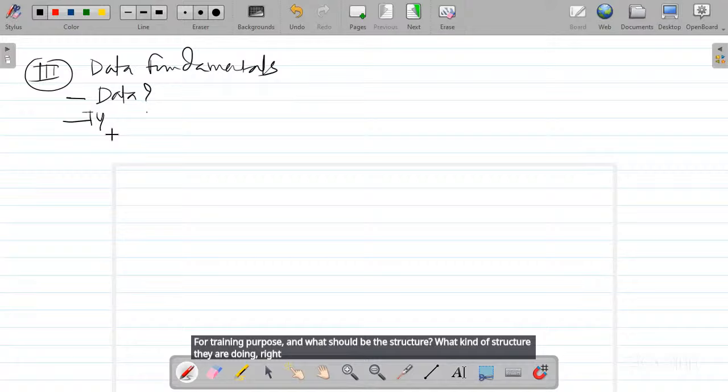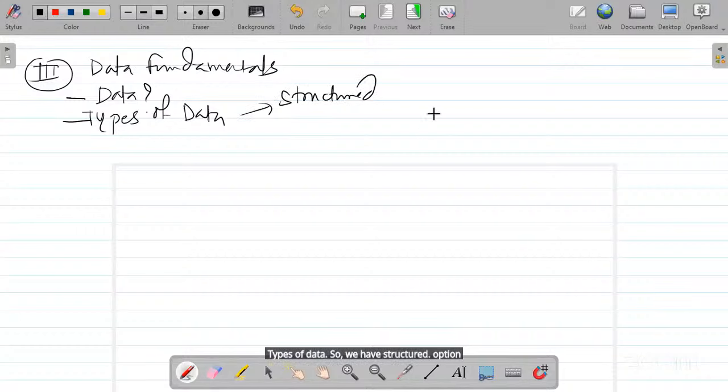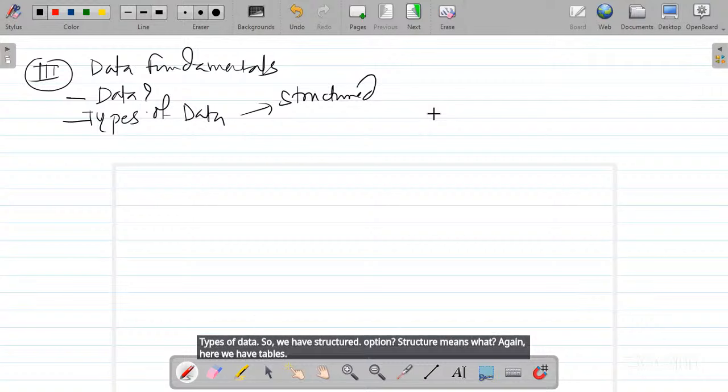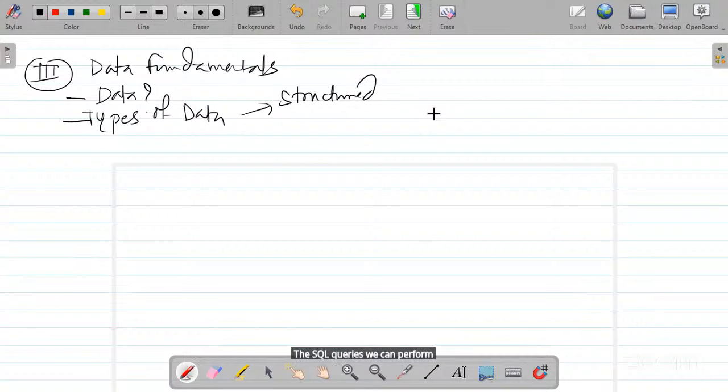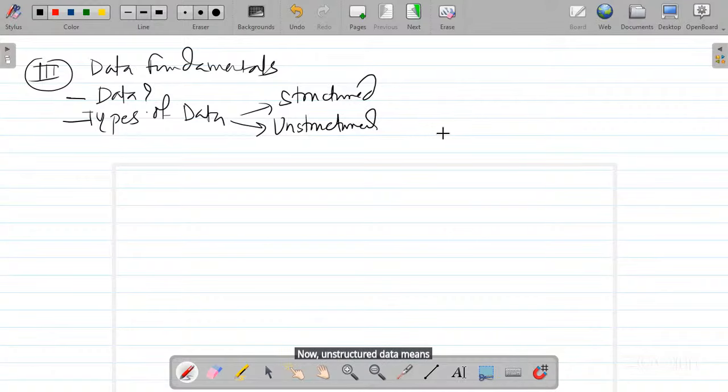The second part is types of data. We have structured data, where we have tables and can execute SQL queries on this structure. Then we have unstructured data, which means text, images, audio.